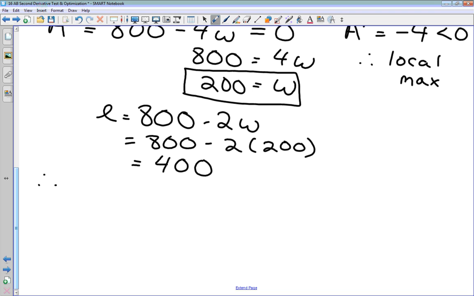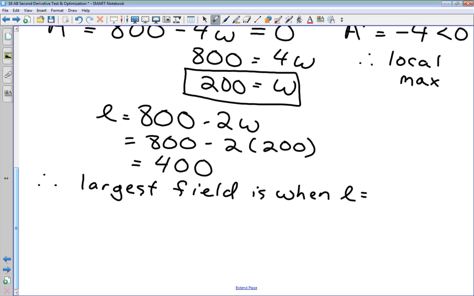So sum it all up. Largest field is when our length is 400 meters and width is 200 meters.